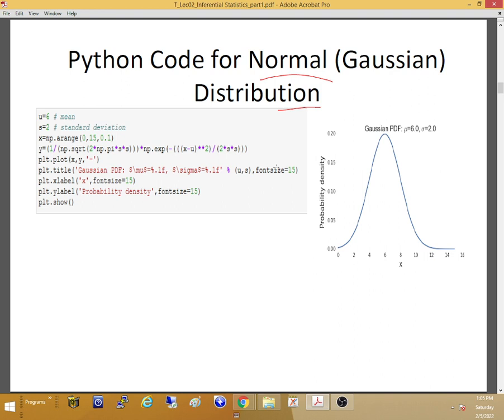The difference is 1.7 minus 1.1, and within this difference we have 4 standard deviations. So we divide it by 4, and the standard deviation will be 0.15 meter. So if the data is normally distributed, we can determine the mean and standard deviation this way, and this is also necessary for other purposes.